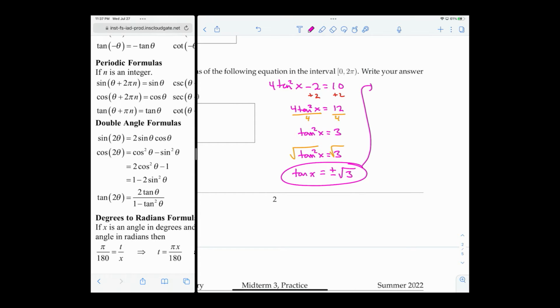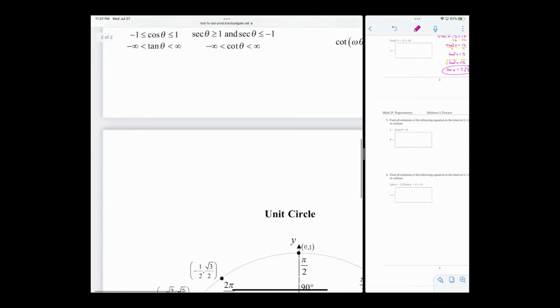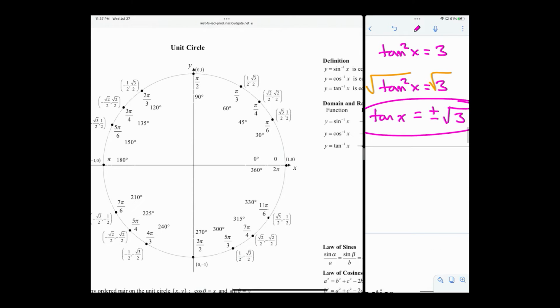Okay, so we get here, and then the idea here is this is where you would look at your unit circle to figure out where this happens. This unit circle over here is not that good to look at, but when you see tangent is plus or minus square root 3, well, we don't list the tangent on the unit circle.